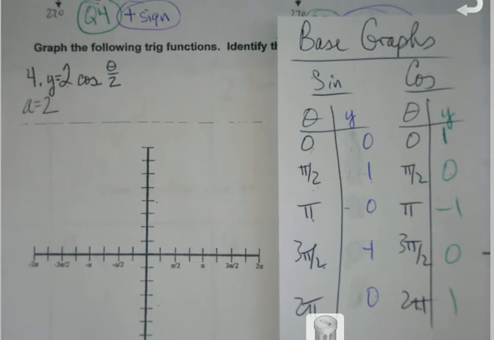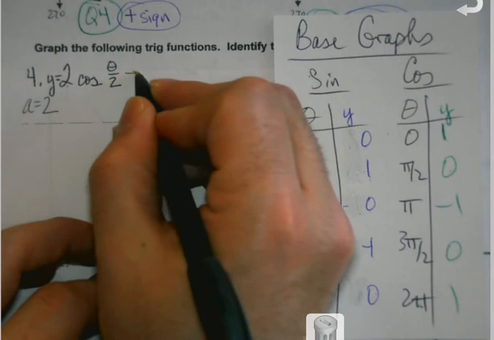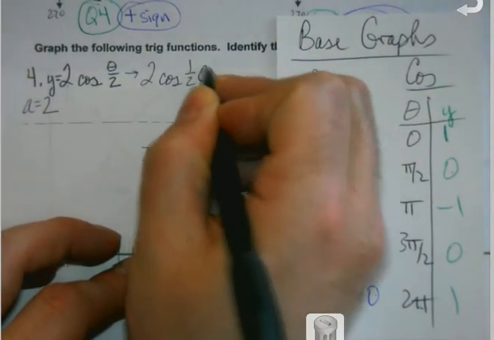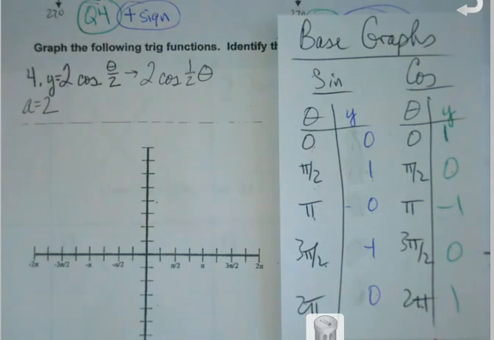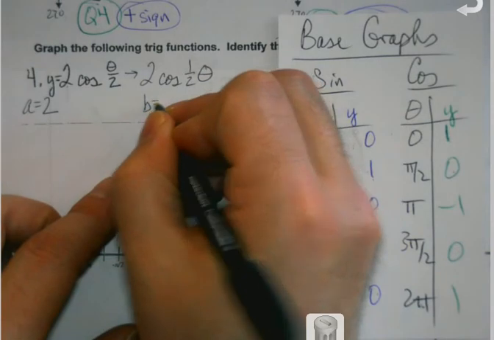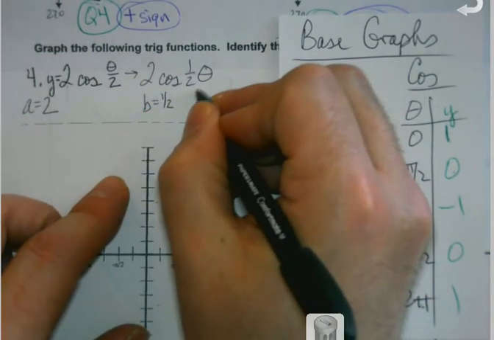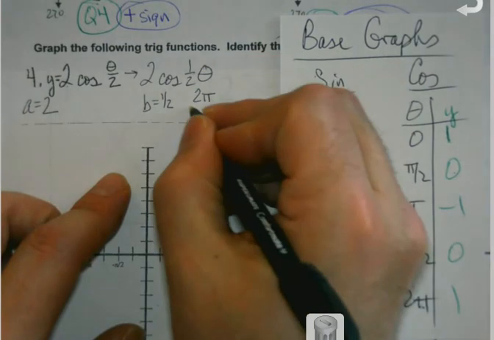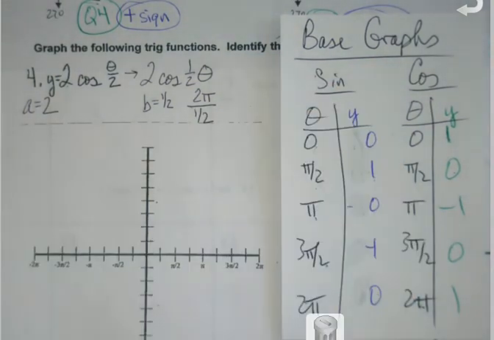But here's my bigger thing. This theta over 2, remember, if I wanted to write it this way, I could. Theta over 2 just means it's 1/2. It means my B value is 1/2. What does that mean? Remember, to us that means we take our period, 2 pi, we divide it by 1/2.